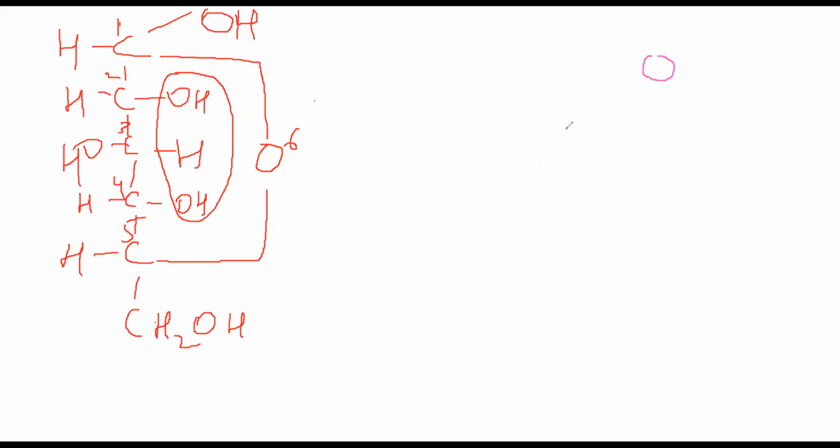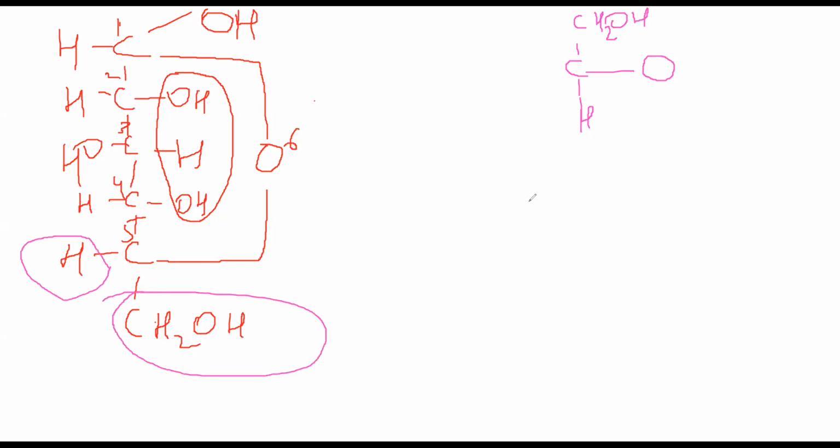So I have oxygen here and I have one carbon, CH2OH, all right, and H. This goes upside down. So CH2OH, this is the rest H. Okay, the first CH2OH is here, H is here, right?